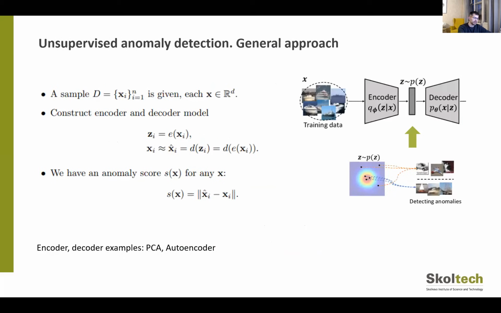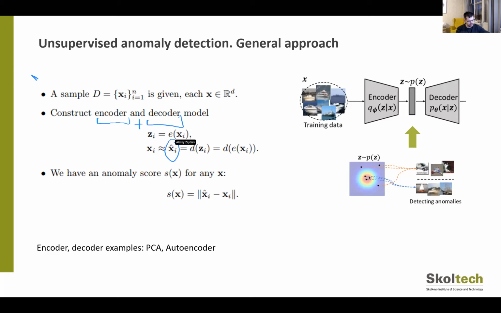But we can try to do better, because in this case we specified a particular model for our anomaly scores. We say that we can reconstruct each component of x using all other components, and we have d independent anomaly scores. We can try to generalize this approach and say that we have an encoder and decoder model, and the result of applying this combination of encoder plus decoder is some x hat.